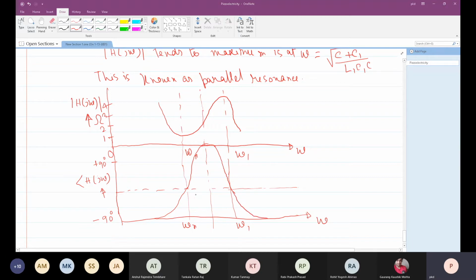So this phase function is again symmetric around the midpoint of omega n and omega 1.